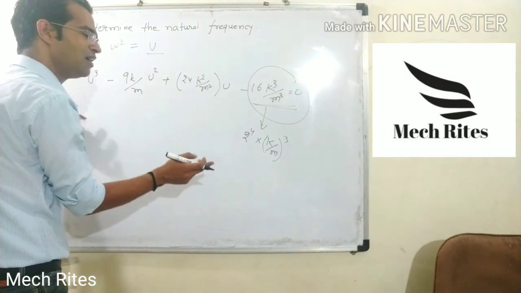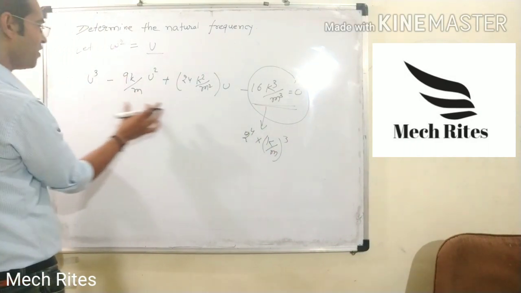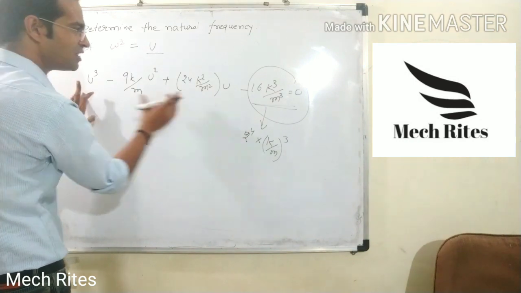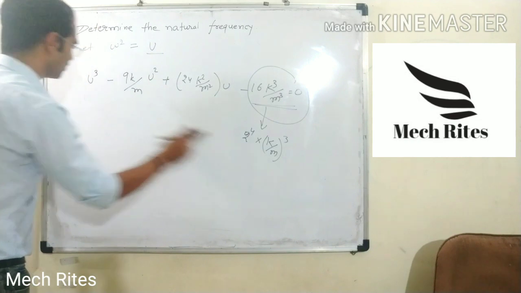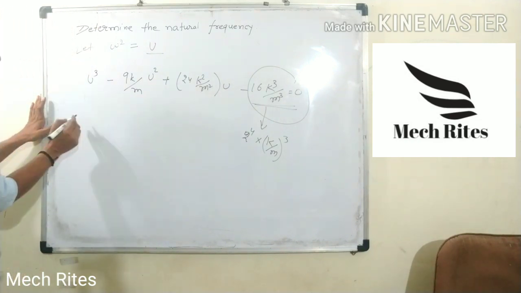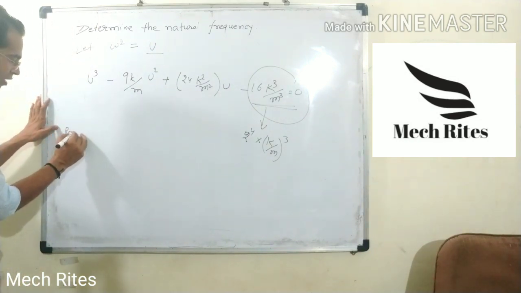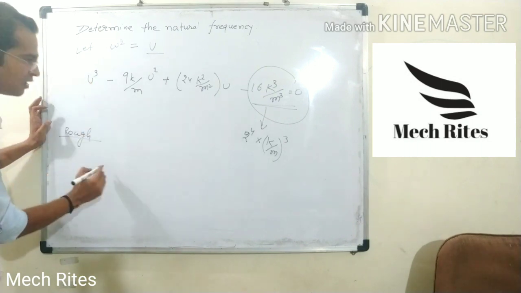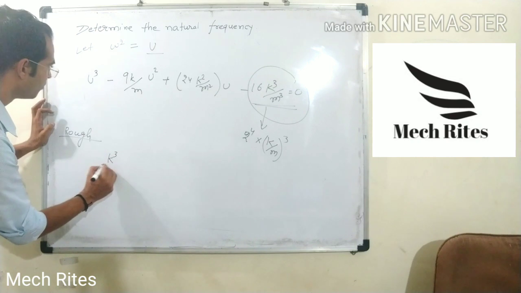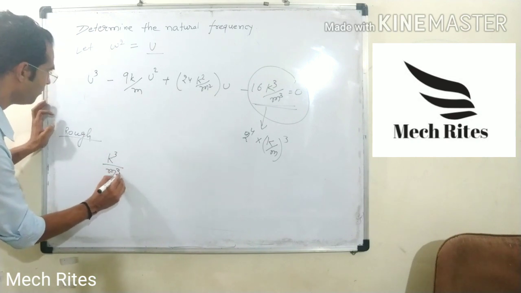Let us check. It's a hit and try method. So k and m will satisfy this equation. If it satisfies, then it will be the value. So let us put k by m once. I am putting here k by m. It will be a rough one. Do it in the rough during the examination. K cube by m cube.